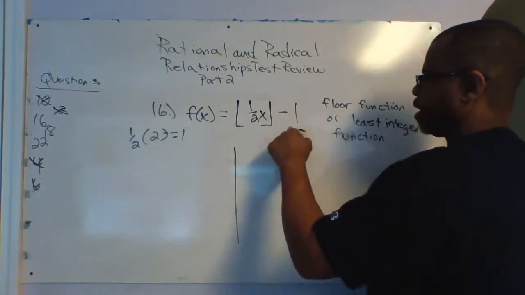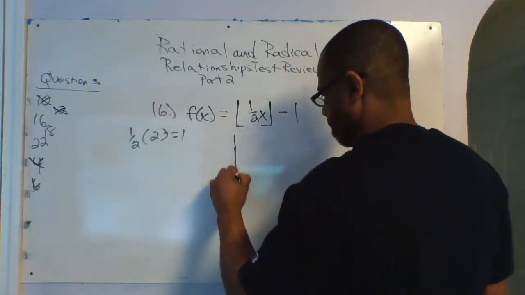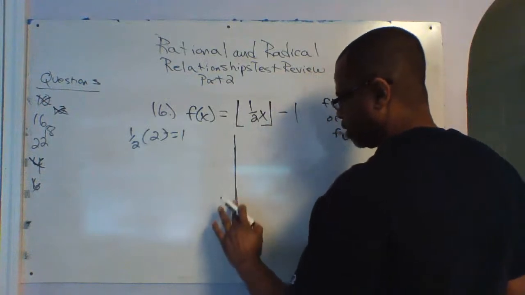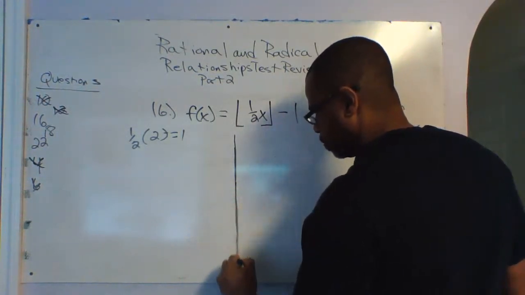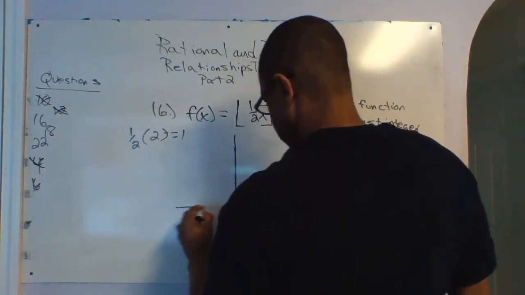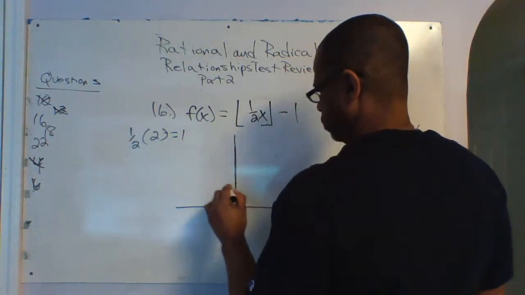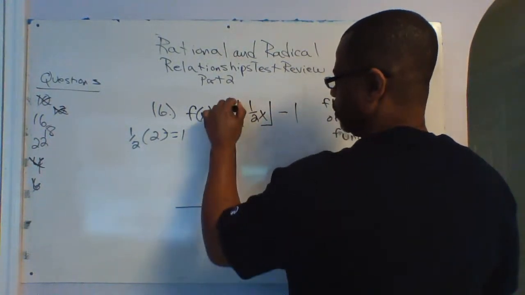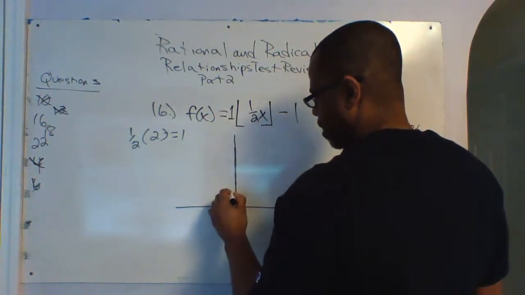Then you drop this down 1. You've got to work twice as hard to get the same result. There's a 1 out here, so you're only going to go up by 1 in the y direction.